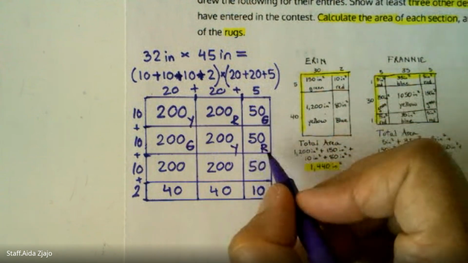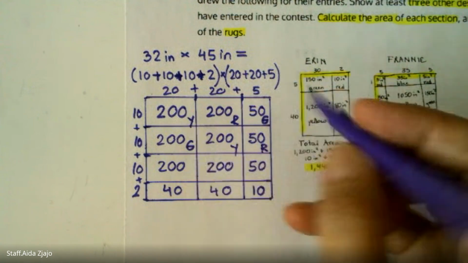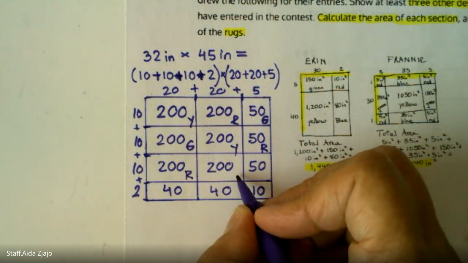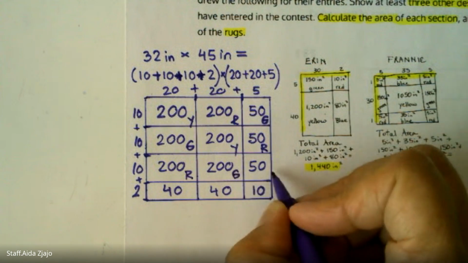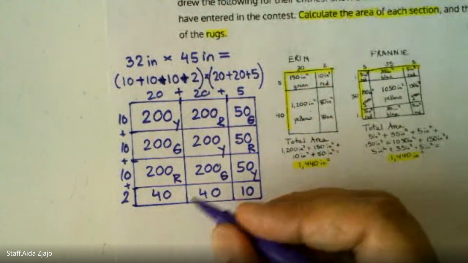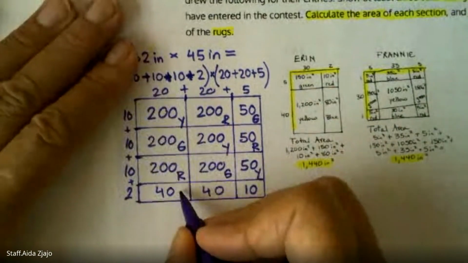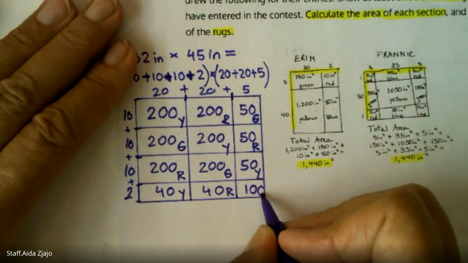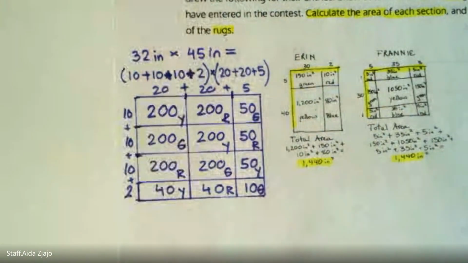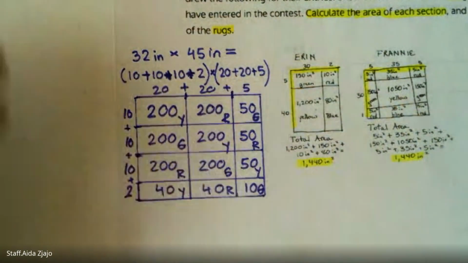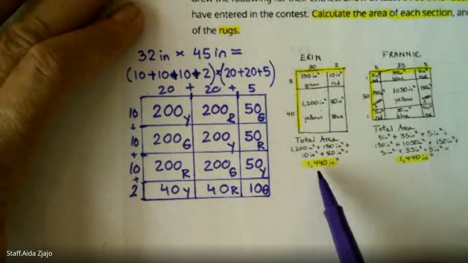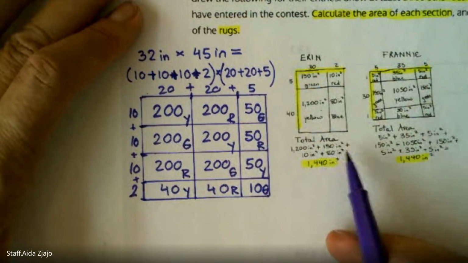Now I will use red here, then green here, and then yellow here. And then finally, I'm going to go again: yellow, red, and green. Then I will have different colors, a different pattern, and let's see if that will give me the same total area.